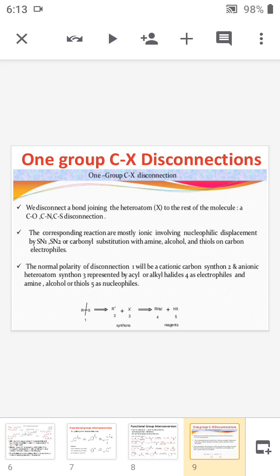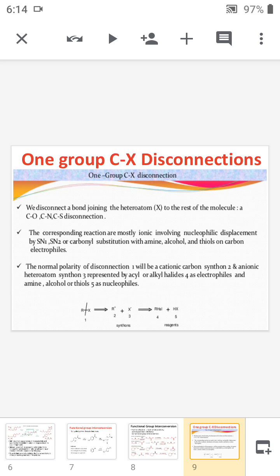So this is one of the methods for C-X disconnection. See the example. RX will disconnect and we will get R plus and X minus. So R is positive and X is negative. So we will get the synthons R plus and X minus. And if you are developing the reagents, they are RX and HX.